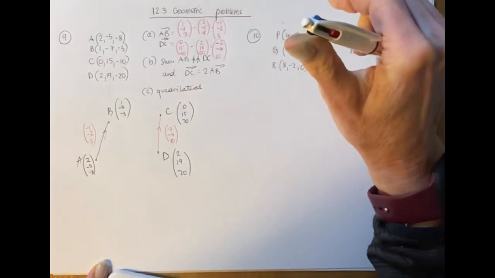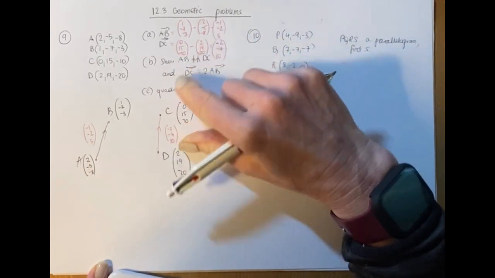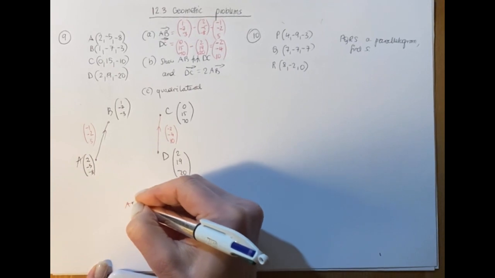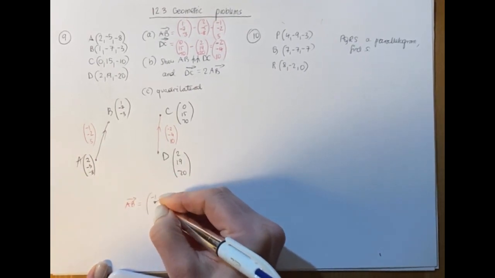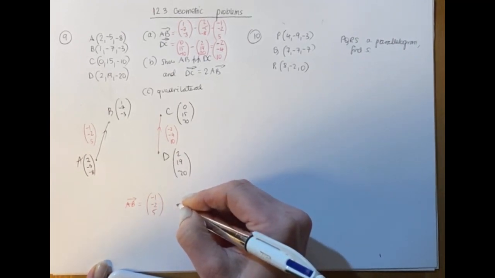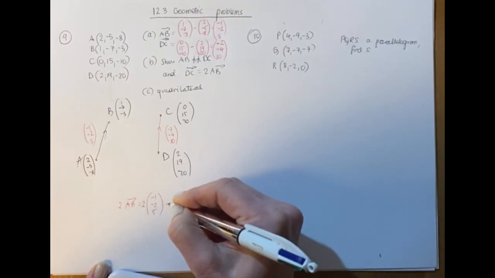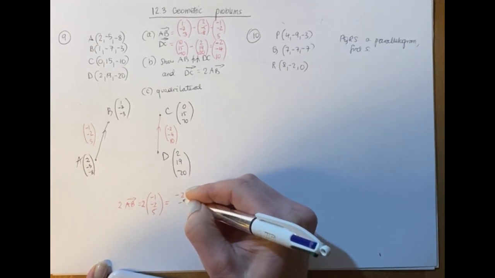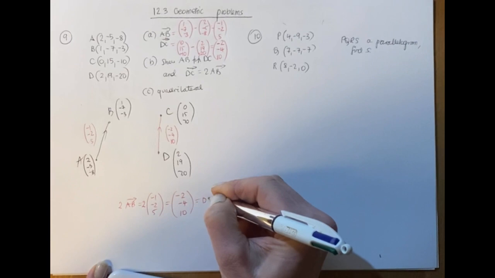There you go. So show that the vector AB, which is here, and DC are parallel to each other. So AB is the vector (-1, -2, 5). And you could see that if I times that vector by 2, I'll be getting the vector (-2, -4, 10). And that is the vector DC.